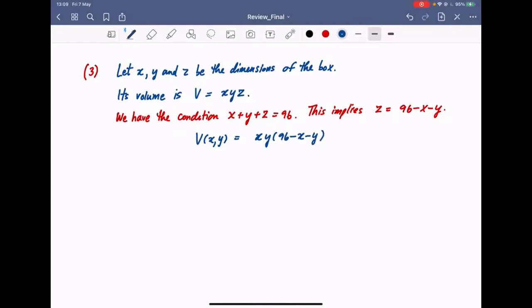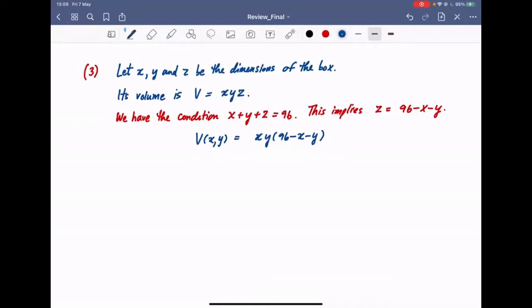It's the standard trick: you reduce the function of x, y, z into 2 variables x and y. After that, you try to find the maximum of this function V. To find the maximum, first you need a critical point, then you have to check that the critical point gives you a maximum, and then you can get the maximum volume.